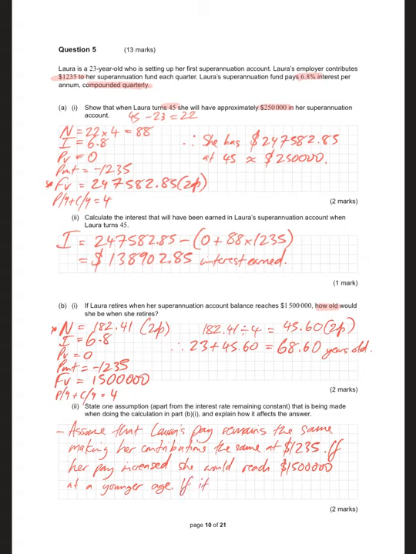If it decreased, she would reach 1.5 million at an older age. You could possibly mention lump sum. Part of this same assumption is that she keeps her job, she doesn't become unemployed, that sort of thing. There's a few answers that you could give for that. So that's that page done.